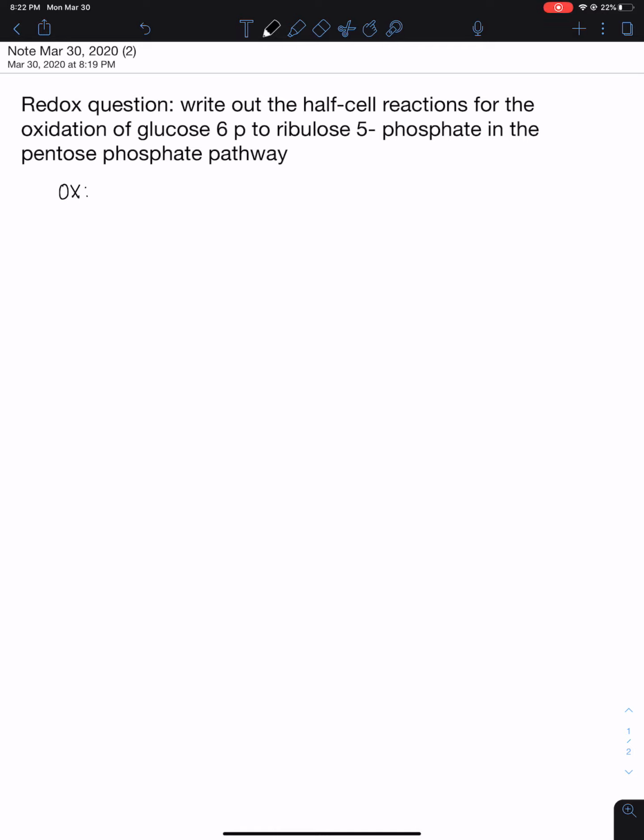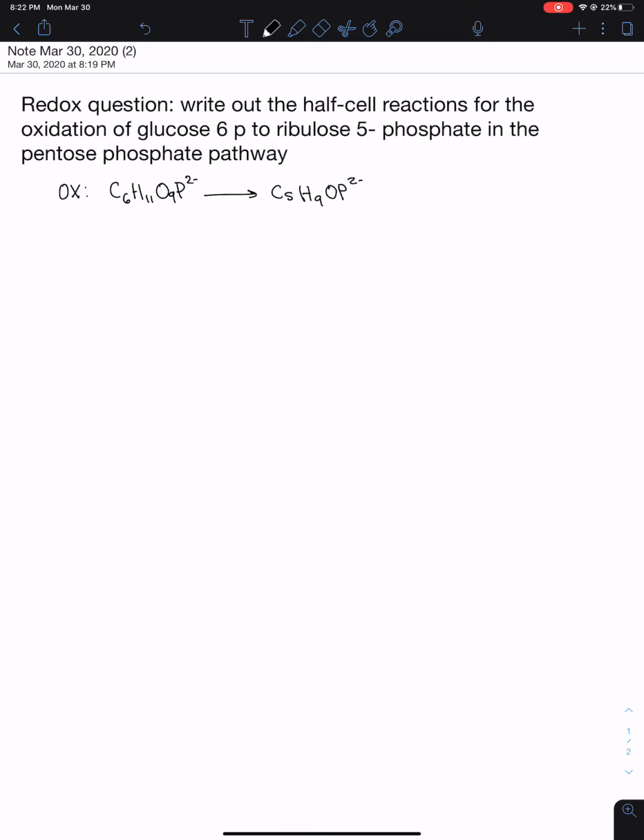And so you have to write out the chemical structure for that, or the chemical formula for that, which is C6H11O9P2-, and it's being oxidized to C5H9OP2-.